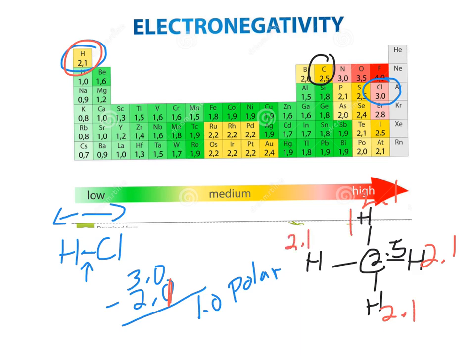So because all of them have an equal electronegativity force around the carbon, it's going to be an equal pull. Because it's an equal pull in every single direction, this is going to be a non-polar bond. And we will discuss this a little more later.